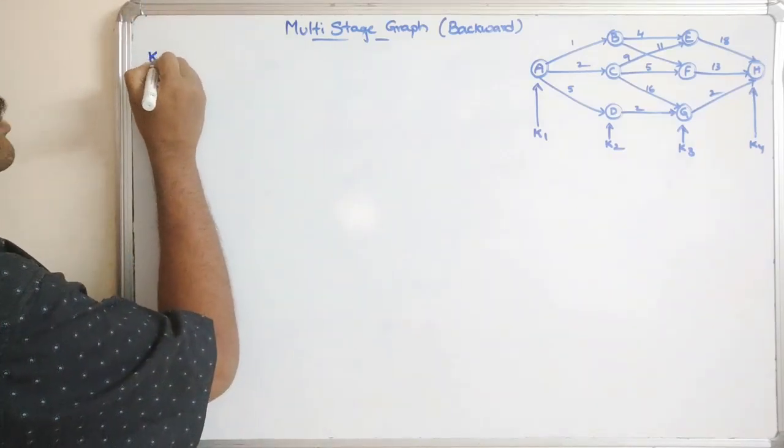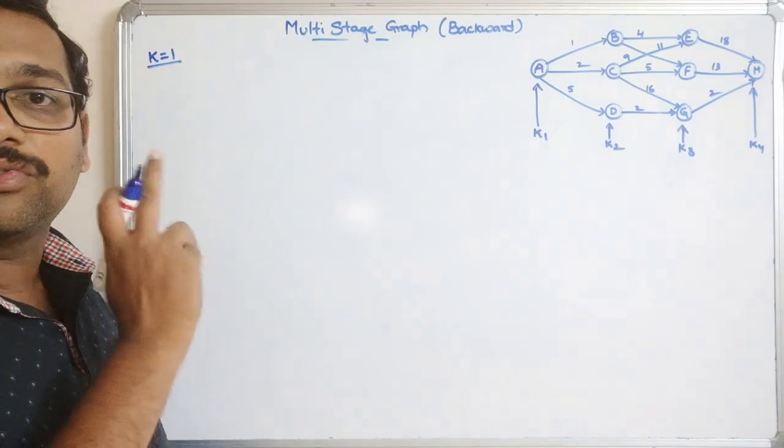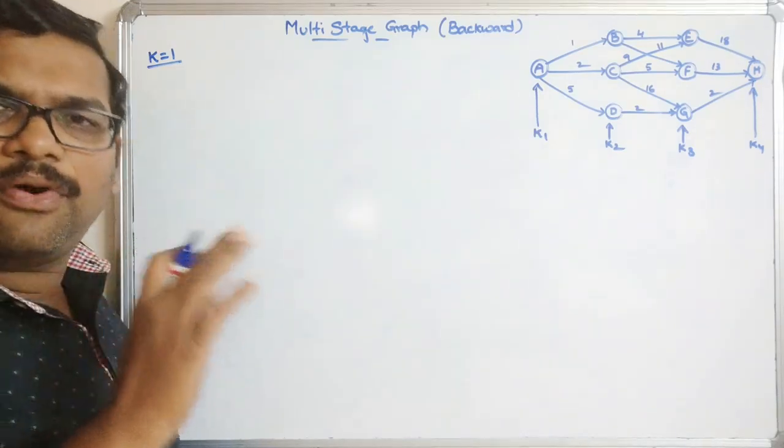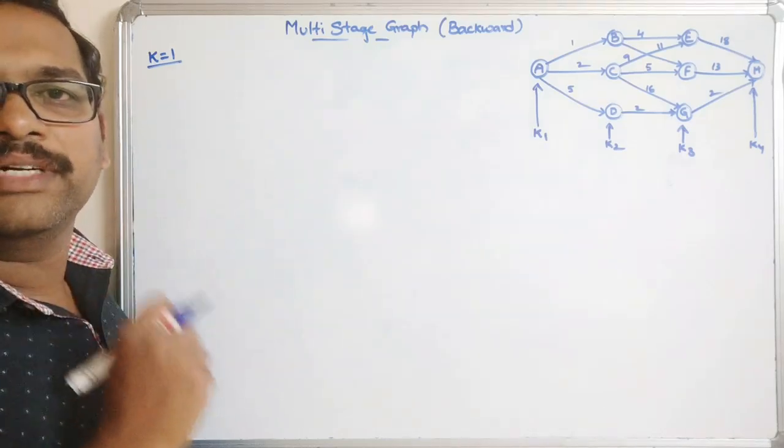In our forward approach we started from the destination itself. Now we have to start with the source, and the formula is the same. We need to find the cost of source to destination.